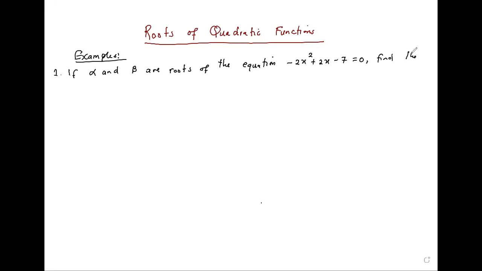Find the quadratic equation whose roots are 2 over alpha and 2 over beta.